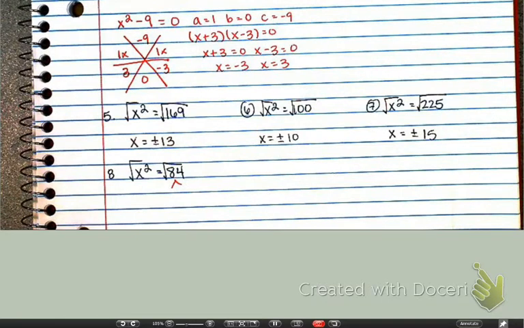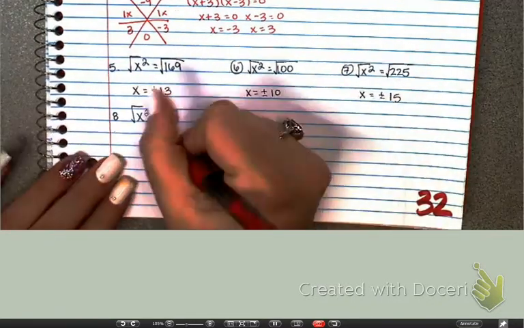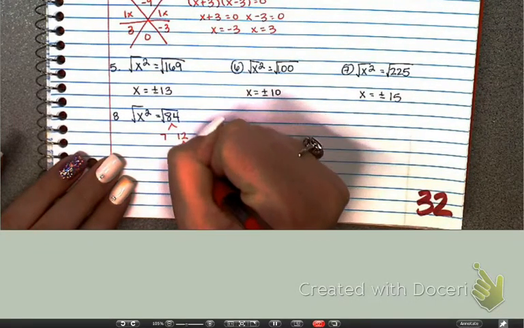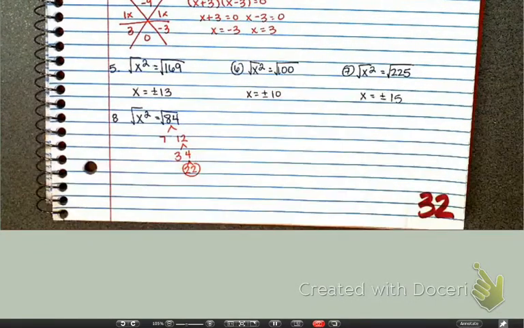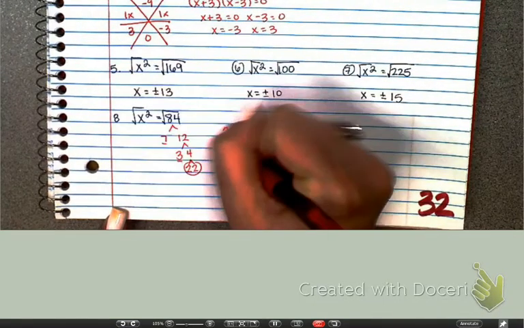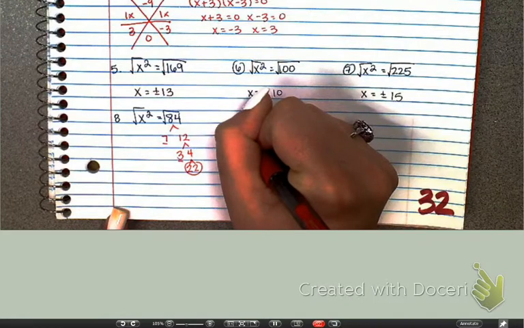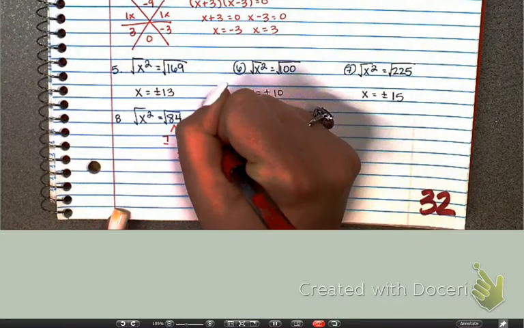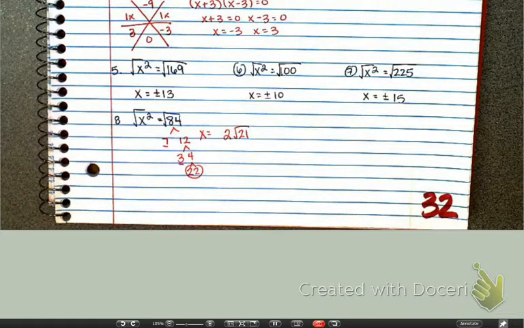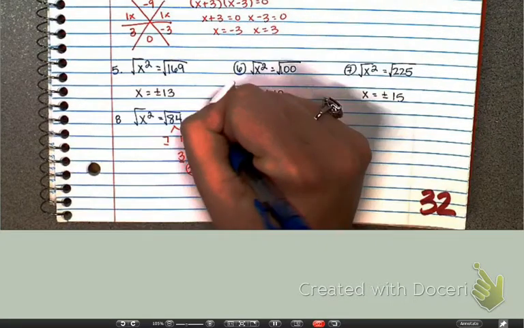What did you break it down to? 12 times 7, and then 3 and 4, and 2 and 2. So you had a pair of 2's that came out, and then the 3 and 7 stay inside, giving you 21. So did you say your answer was x equals 2 square root of 21? No. What is it? X equals plus minus 2 square root of 21.